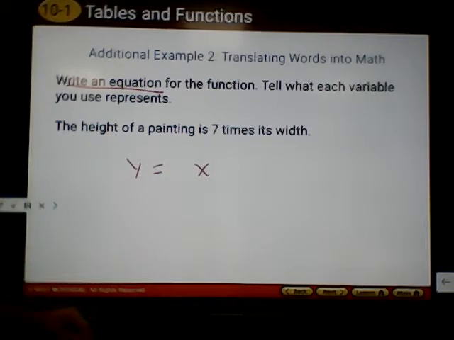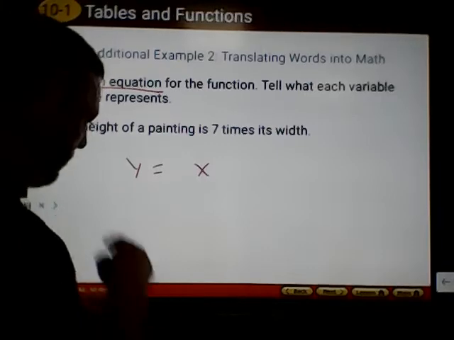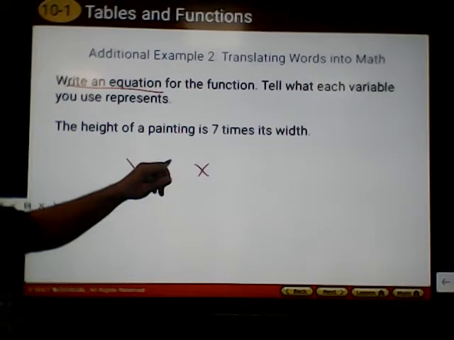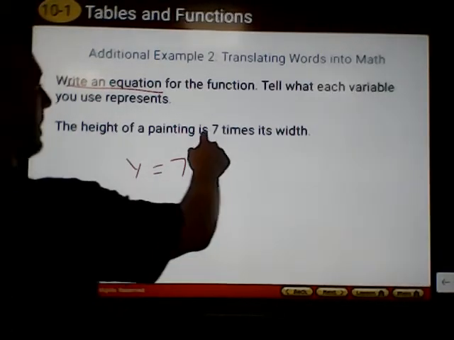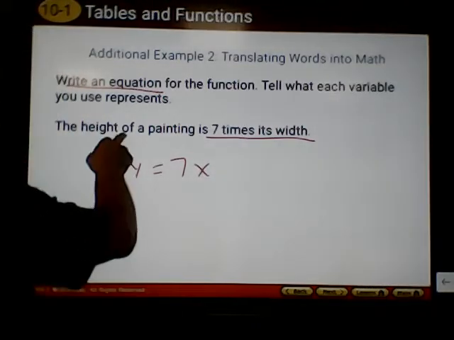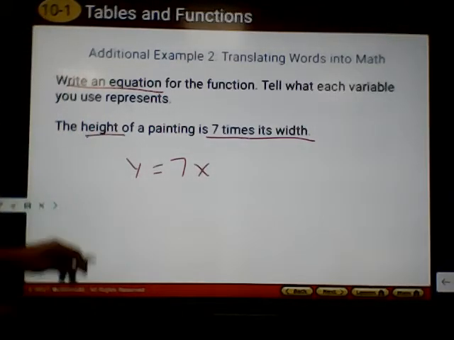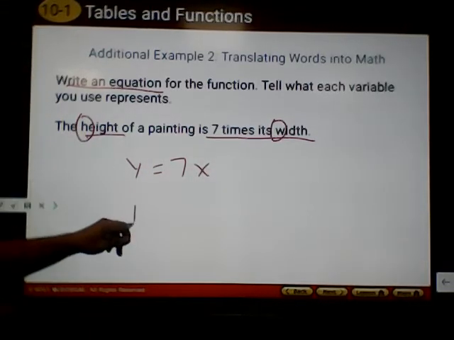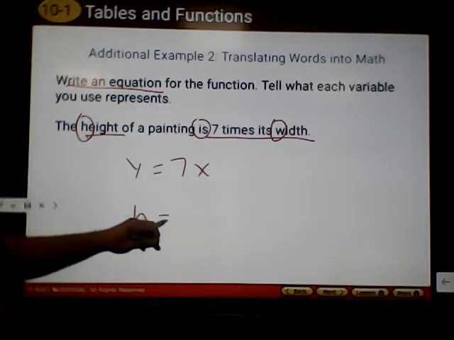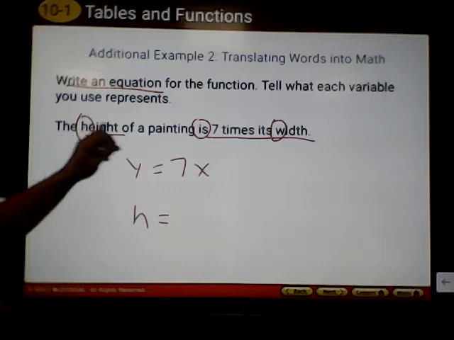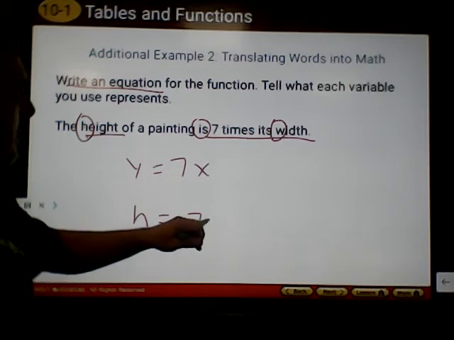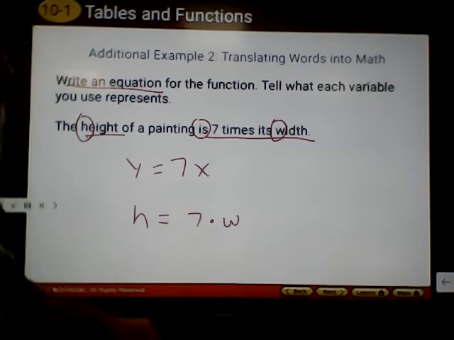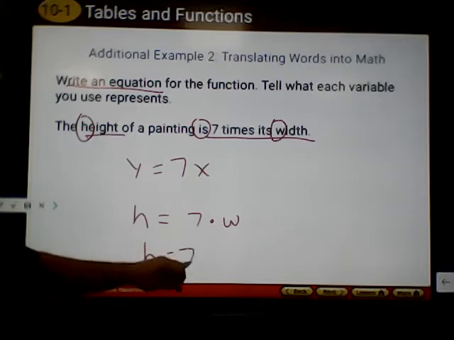Well, 7 times its width. So if you use y and x, then it's going to be y equals 7x, because 7 times its width is the height. Or if you want to use letters like h and w to make sense, the h is height, this word is your equal sign, height is, and it says 7 times width. Or if you want to write it this way, 7w.